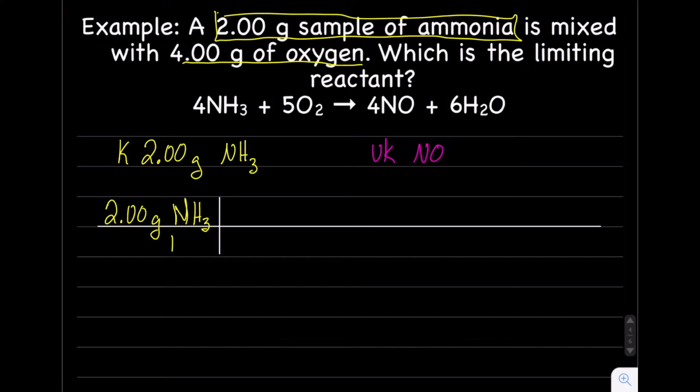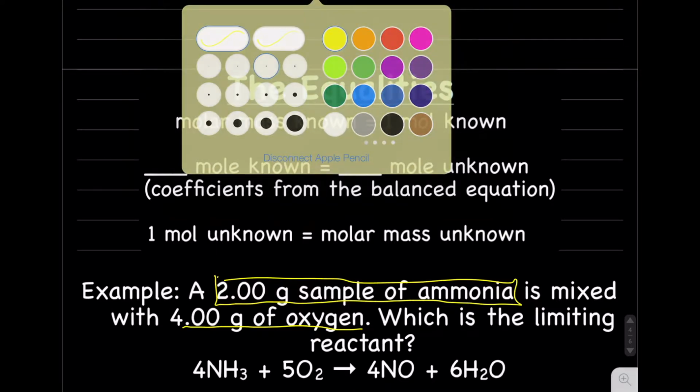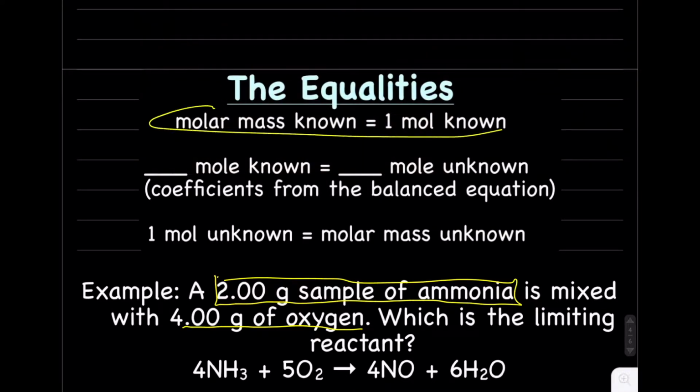Right now in our grid, we're at grams ammonia, which was our known. So we need to find an equality that starts with grams known. Going up to our equalities, it looks like that one would be a good one to use, the molar mass of the known. Remember, molar mass is in grams. So molar mass of the known equals 1 mole of the known.